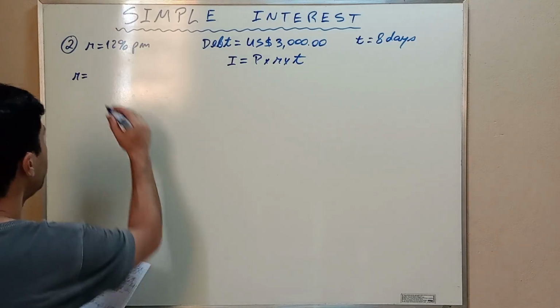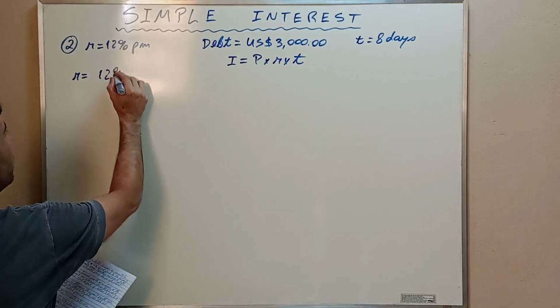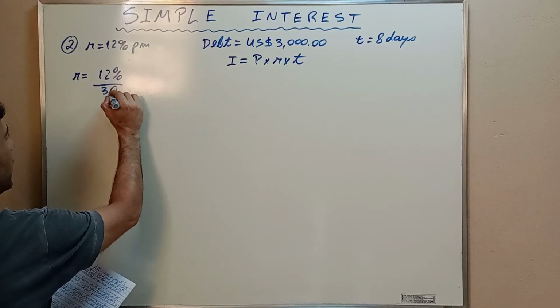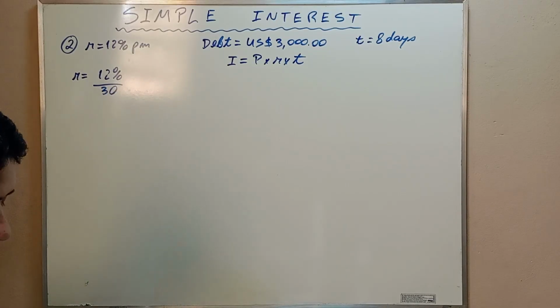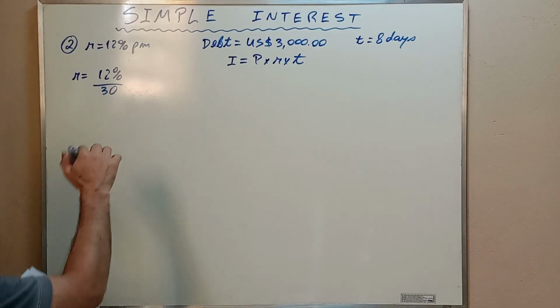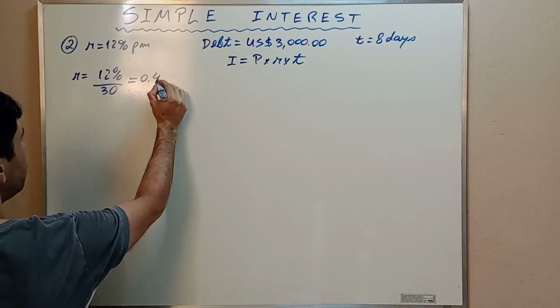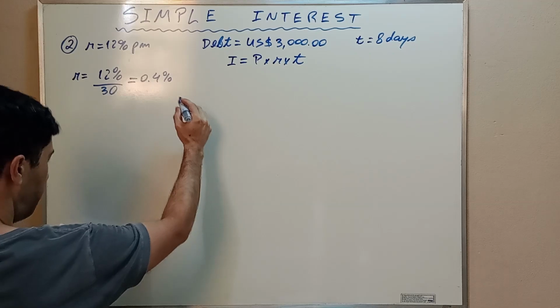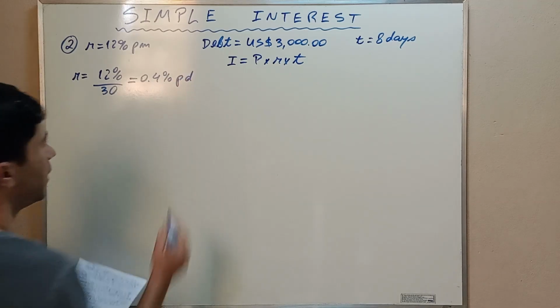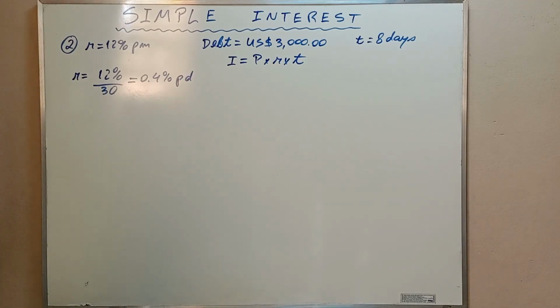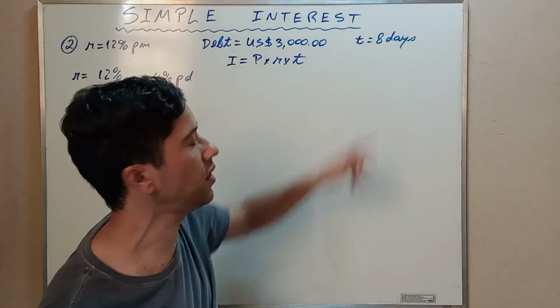So it is 12% per month converted to days, and the exercise said that we shall assume a business month of 30 days, and we are going to divide 12 by 30, and this gives 0.4% per day, all right? And the time period is 8 days.